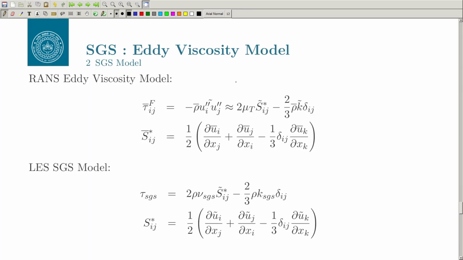So, again we will borrow the idea from the RANS model. Remember, I am doing it for the compressible case; the incompressible is even easier. So, this is Favre averaged.